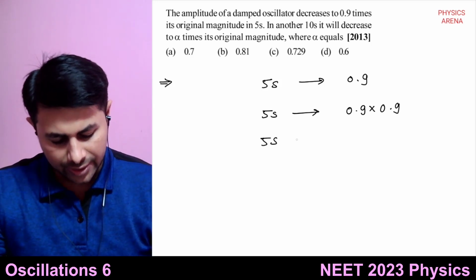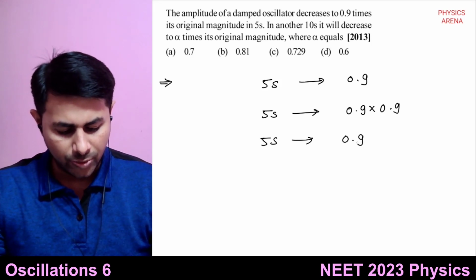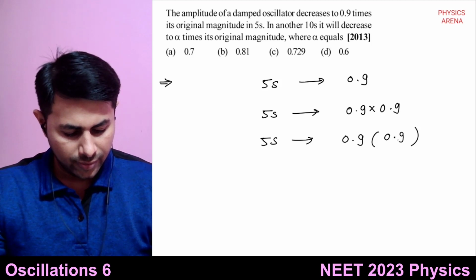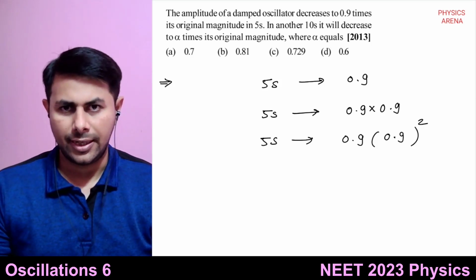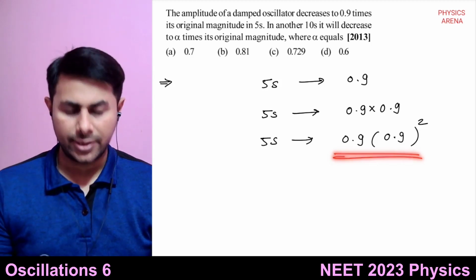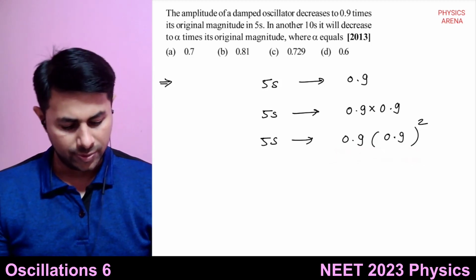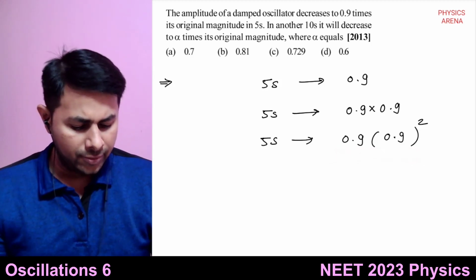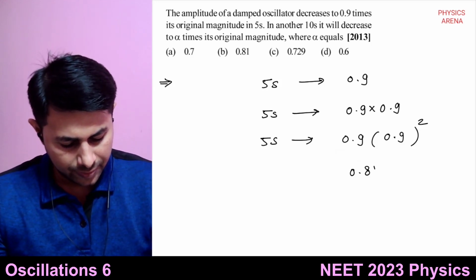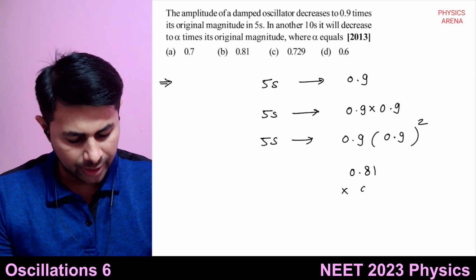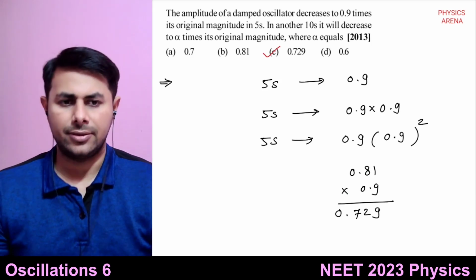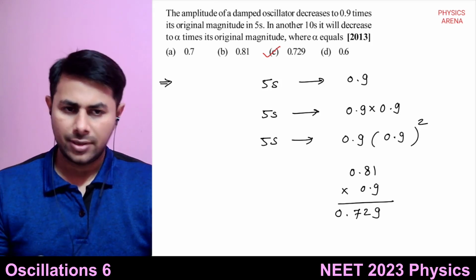In another 5 seconds, it will become 0.9 square, and then 0.9 cube, or 0.81 multiplied by 0.9. 0.729 is the answer. Right, option C.